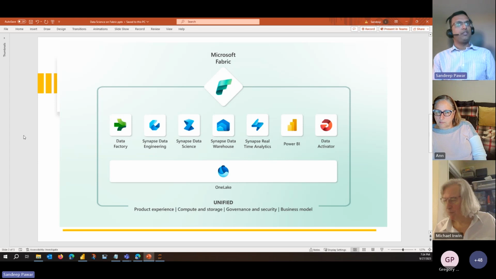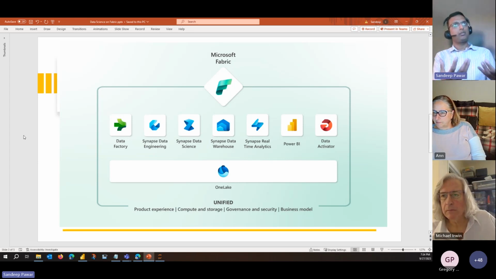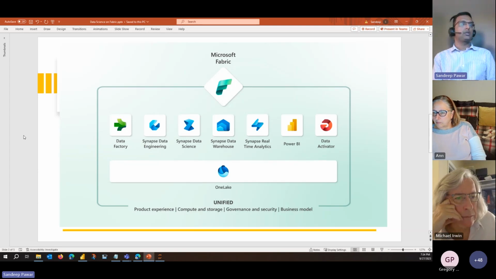And then on top of that, OneLake is the storage part of it. And then Microsoft has added all these different compute engines. Data Factory being one of them for orchestrating all your pipelines, moving data around.